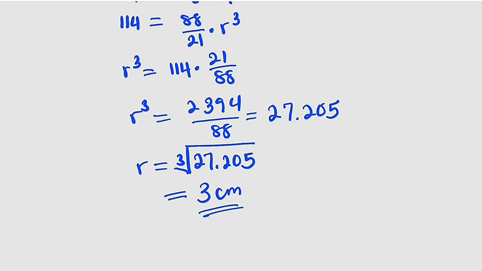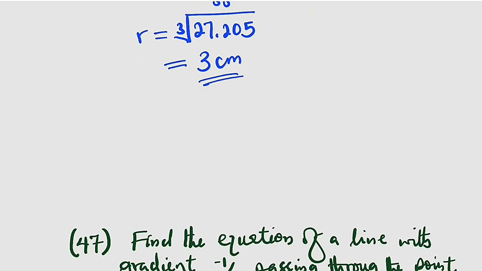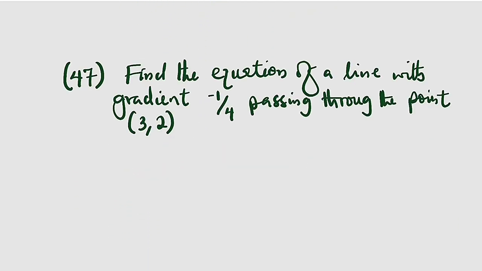Let us move on to question number 47. Question number 47 reads, find the equation of a line with gradient -1 divided by 4 passing through the point 3, 2. Okay, let me use the point-slope form, which is y minus y1 equals m multiplied by x minus x1.